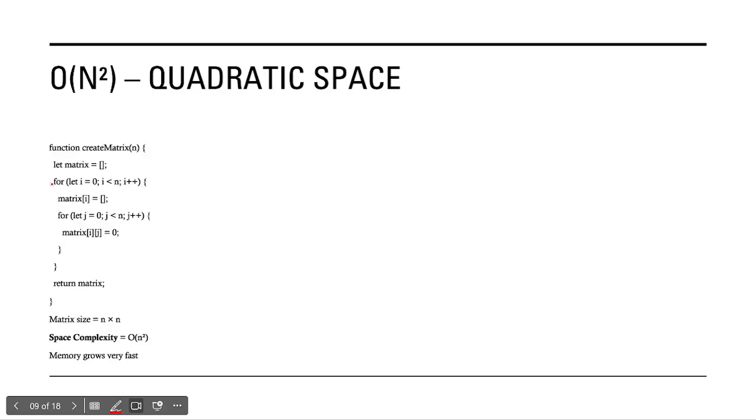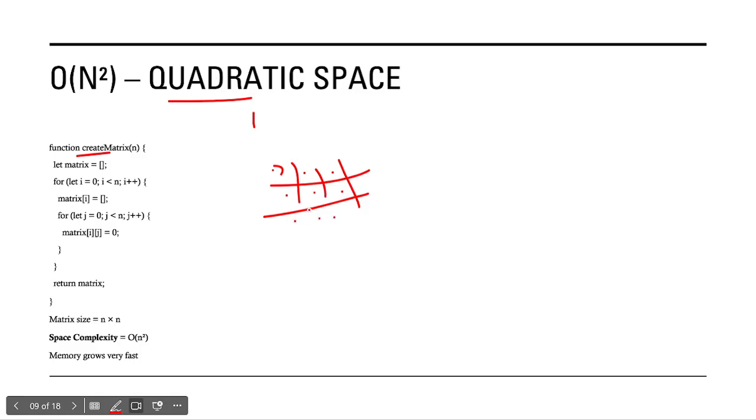Now next one is Big O of n square, quadratic space. Now memory grows very fast. This is the most important. Every time we have to optimize this space complexity. So let's see an example, here is the function createMatrix. In this, if n is 3, the matrix becomes 3 by 3, that means 9 elements, 1, 2, 3, 4, 5, 6, 7, 8, 9.